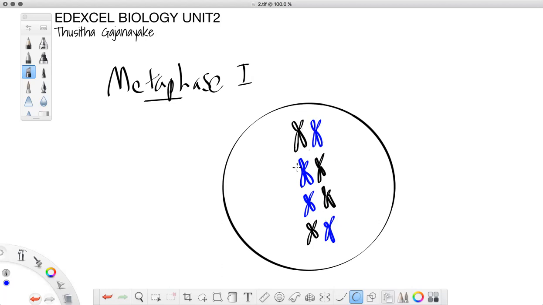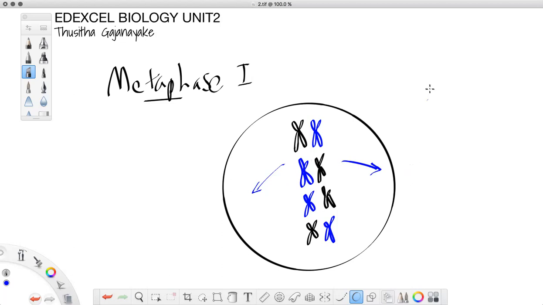Because when the chromosomes move at the end to this pole and to that pole, different numbers of mother and father chromosomes are mixed up.